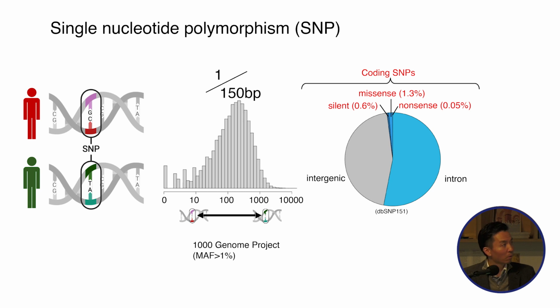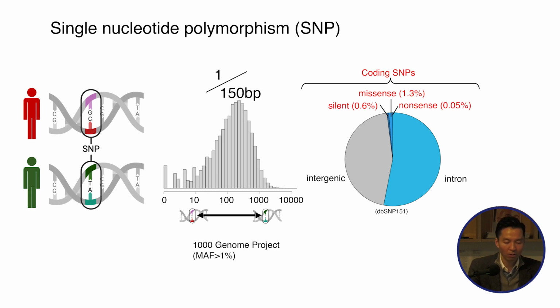To find the function of non-coding DNA, we particularly focus on genetic variation between us. The most common form of genetic variation is called single nucleotide polymorphism, or SNP. A SNP is basically a base substitution at exactly the same location of our genome between two or many people.